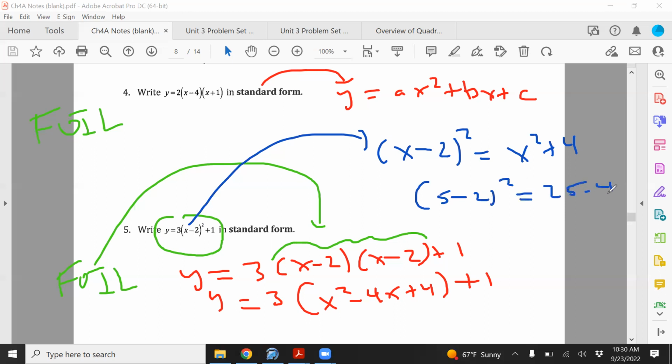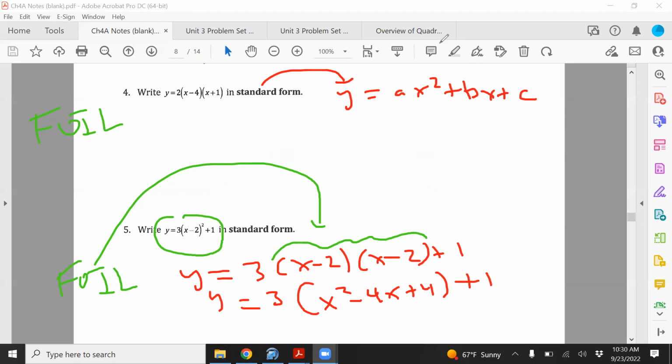Totally not, because of PEMDAS, parentheses. You do 5 minus 2, which is 3, squared, which is 9. That's what you're supposed to do when you see 5 minus 2 squared. You're supposed to subtract 5 and 2 and then square afterwards. That's bad. So that's why with the algebra, when you have x minus 2 squared, you don't square the x and negative 2 separately because of PEMDAS. Instead, you have to do x minus 2 times itself. So we want to make sure we're not making those kinds of mistakes.